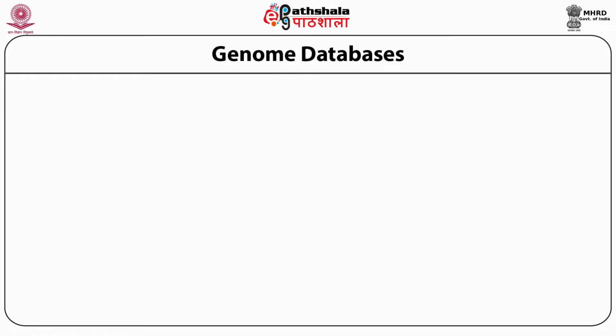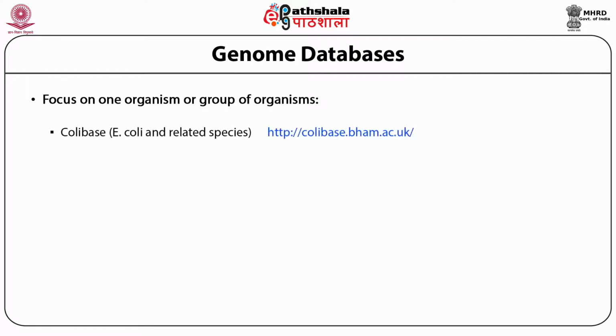Specialized databases focus on one organism or a group of organisms, so they have information about the sequences of that organism, for example Colibase. Colibase is a database which contains the gene sequences of E. coli and related species. It can be accessed through colibase.bham.ac.uk. Then the GDB is the Human Genome Database, containing information about the human genome.